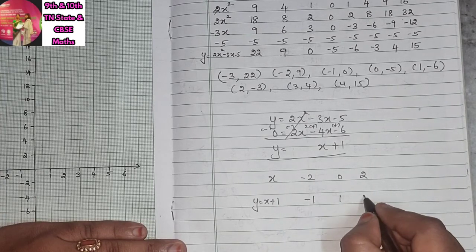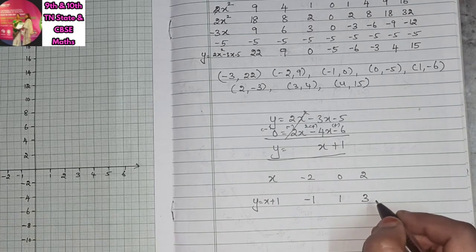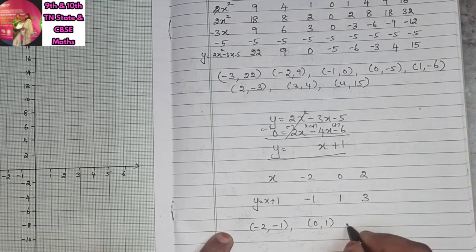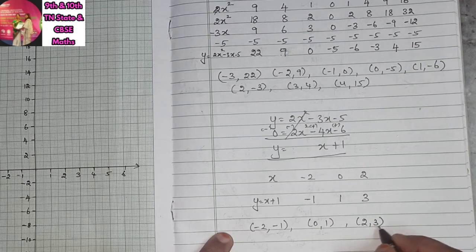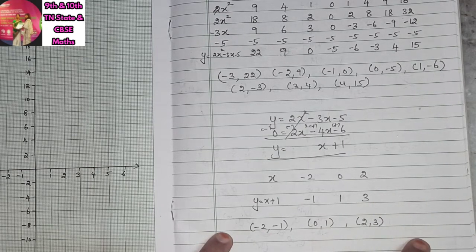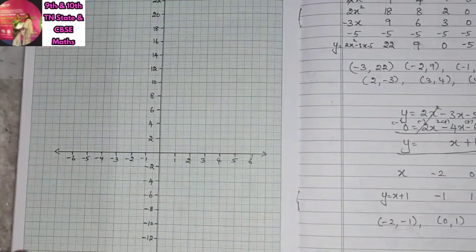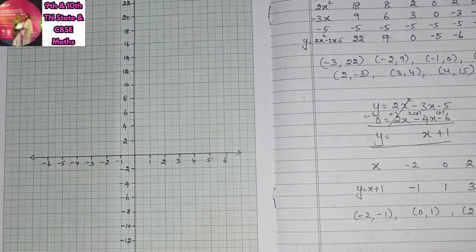Then 2 plus 1 is 3. So the coordinate points are (-2, -1), (0, 1) and (2, 3). These are the points we'll be plotting to get a straight line. Then we'll check where the parabola and the straight line meet. Okay, so now we'll plot these points in the graph sheet.